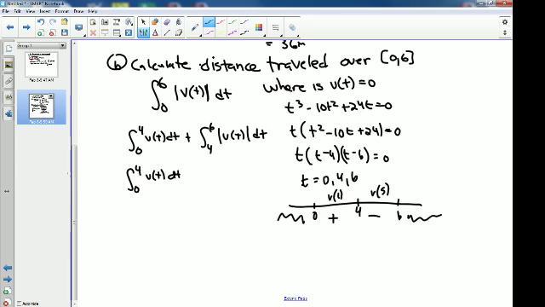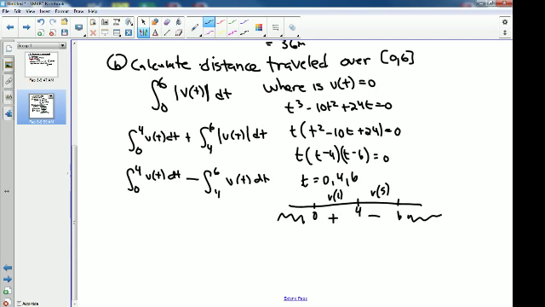Now, if I wrote it like this, what will my answer be? Positive or negative? Negative, right? Because it's going to give us a negative area. What if I do this? That negative plus. That's how you handle absolute value.